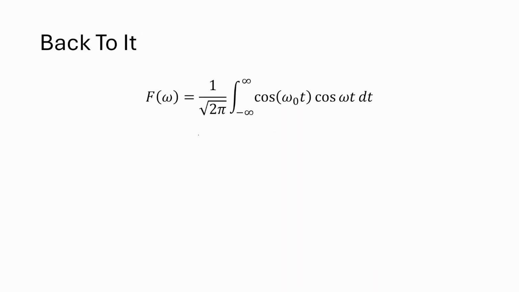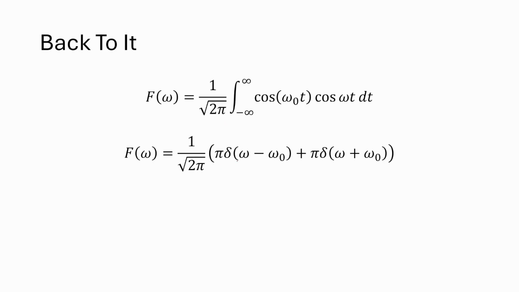All right, this was the formula before we left for our little interlude. And now I'm saying, okay, let's express this in terms of delta functions. This will tell us the shape and the logic of the answer. It's 0 everywhere except at omega equals omega naught, and it will also be non-zero at omega equals negative omega naught.